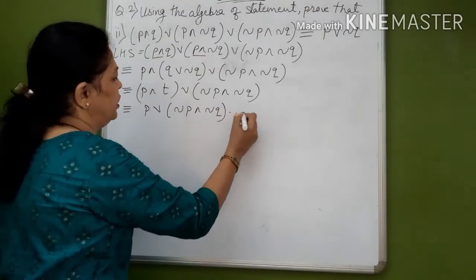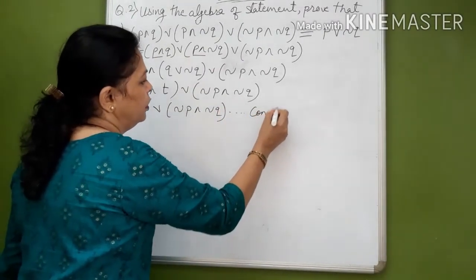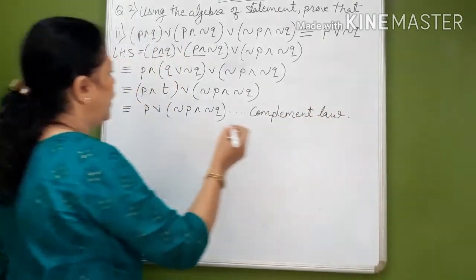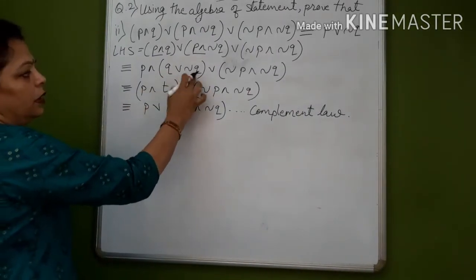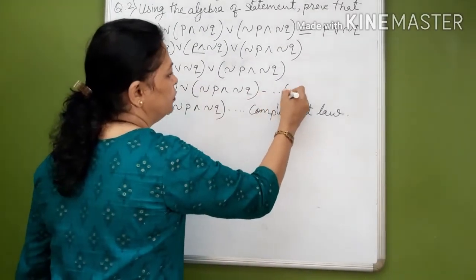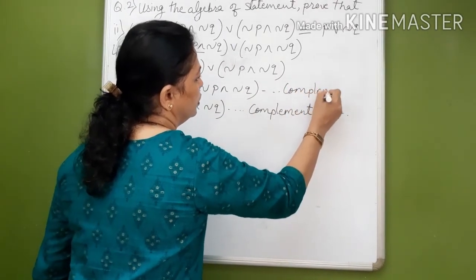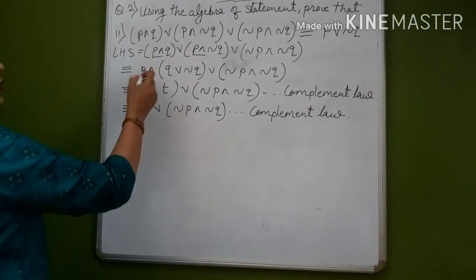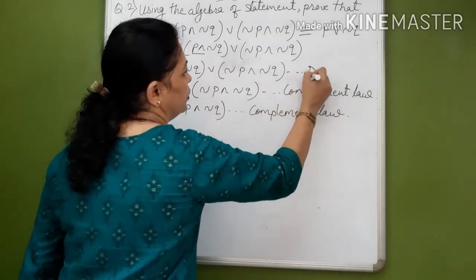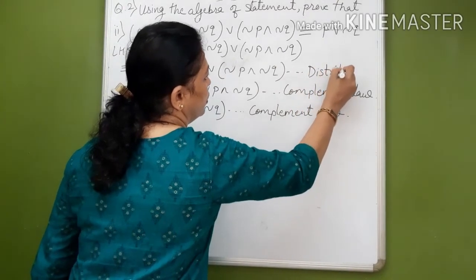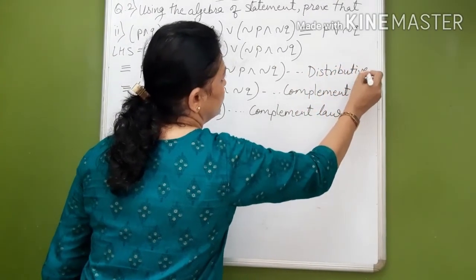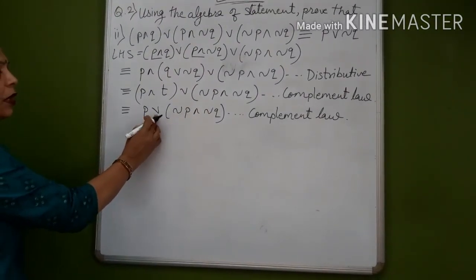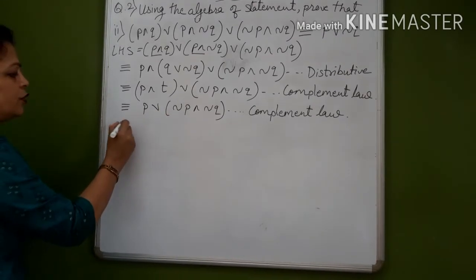We have not written the rules. Here we write complement law. Then this is again complement law. And this is distributive law. Now we can pair together this P or negation P. That will be an associative law.